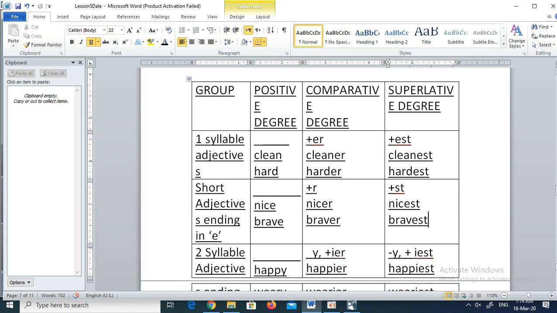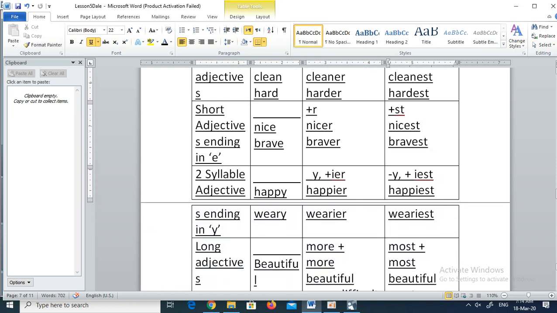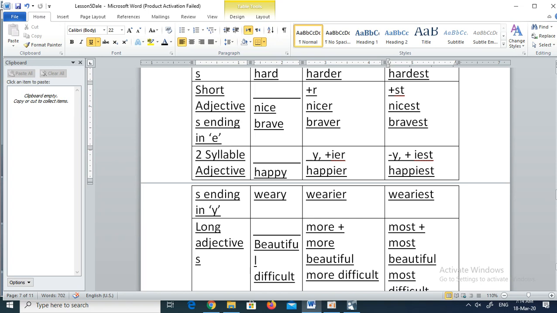Now, if we have a two-syllable adjective that ends in Y, what we have to do in the comparative degree is to minus the Y and add ER, and in the superlative degree we minus the Y and we add EST.